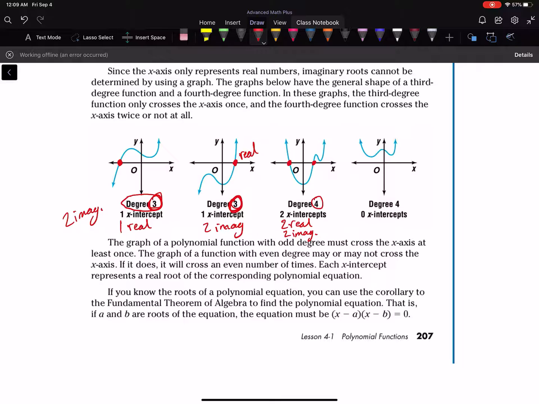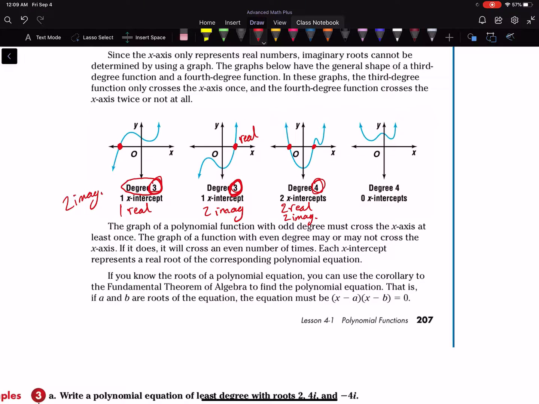Because again, all the roots have to add up to 4. The last one over here, as you can tell, it doesn't cross the x-axis at all. So all 4 roots are imaginary. Okay? So just keep that in mind when you're working these out. It'll help you along the way.